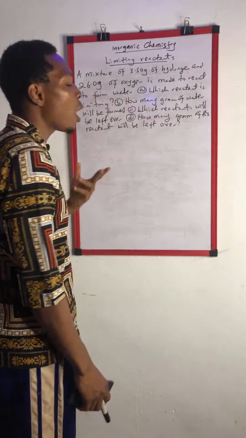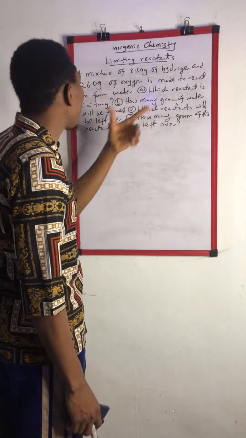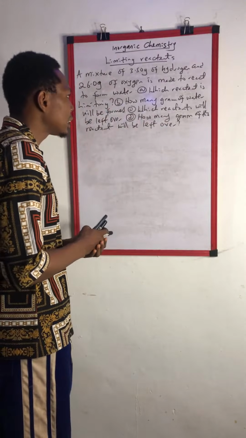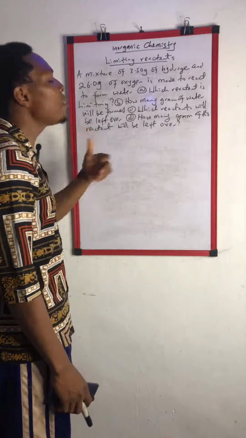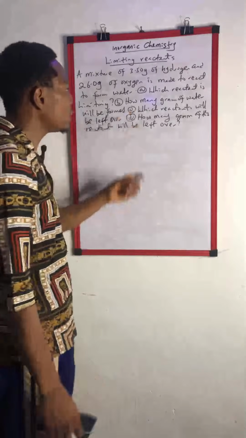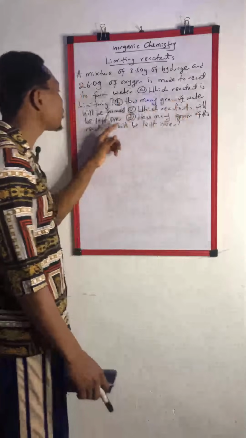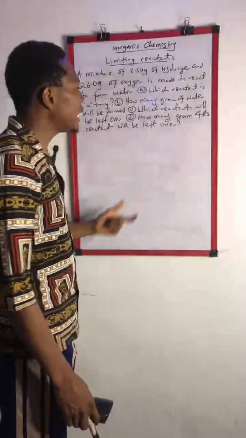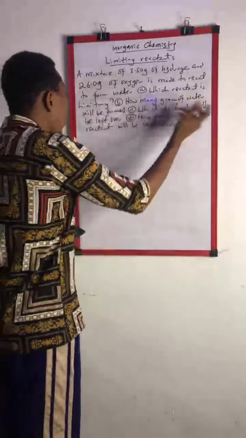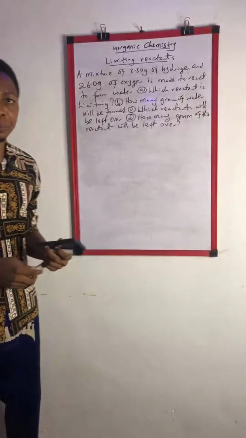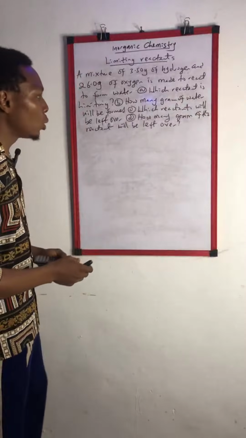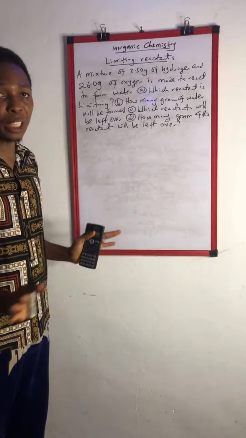Number one question says, which reactant is limiting? B, how many gram of water will be formed? And C, which reactant will be left over? And D, how many gram of this reactant will be left over? That's the question. It's a very simple calculation.